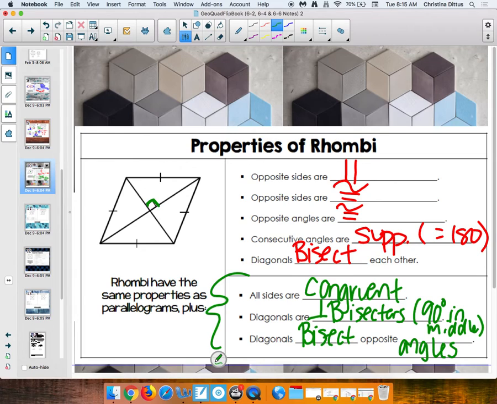Ran out of room there. So these angles are the same as well as those angles, and these are the same as these. This diagonal comes through and cuts these in half. Good there?